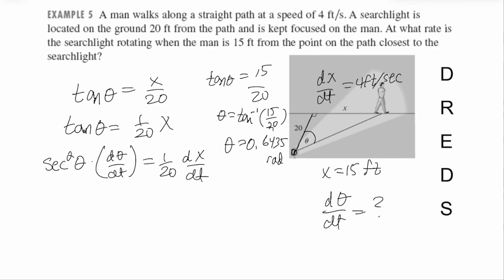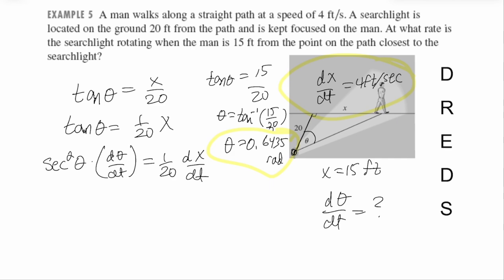Now we have everything we need to plug into our equation. We put in our dx dt, which we know is 4, and our theta, which is 0.6435 radians.